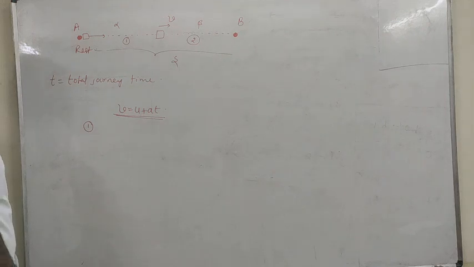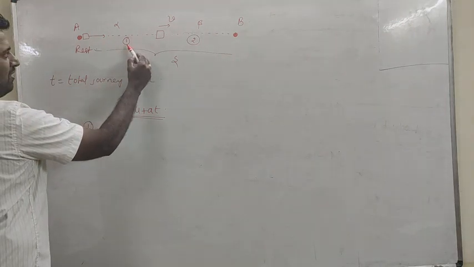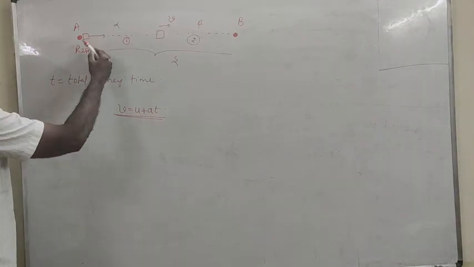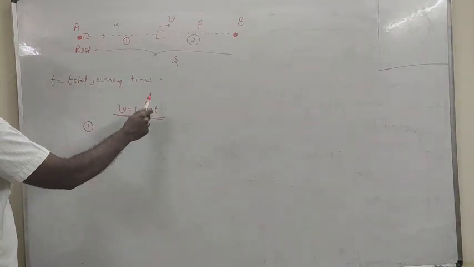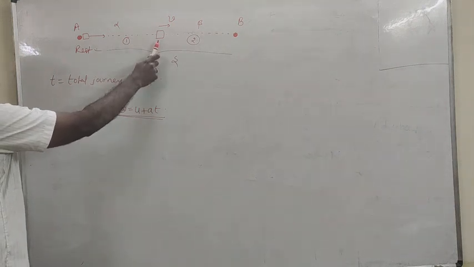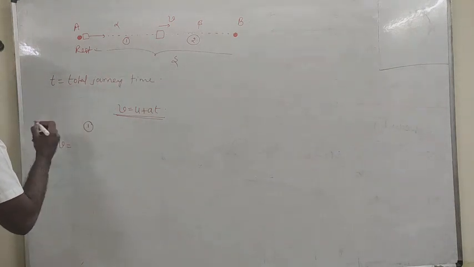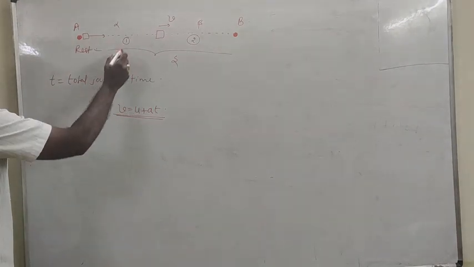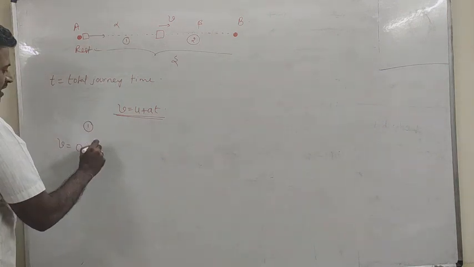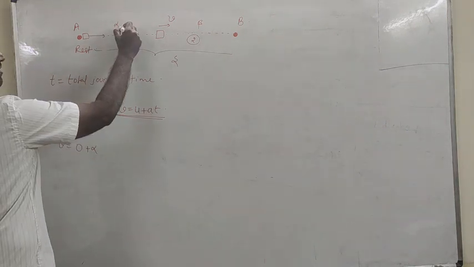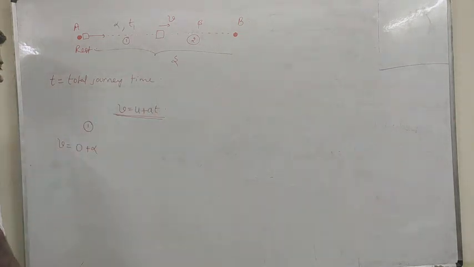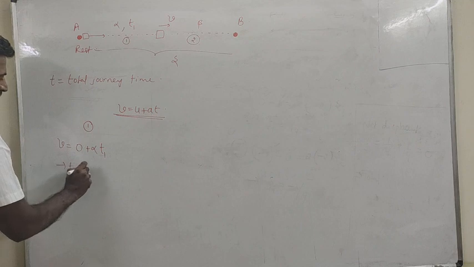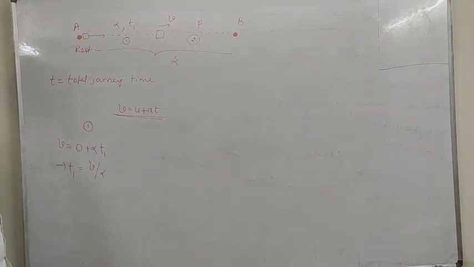For part 1 of the journey, final velocity will be V, initial velocity U will be 0 because it has started from rest, and acceleration will be alpha. Let us assume that time for the first part of the journey is t1. So V equals alpha t1, which implies t1 is equal to V divided by alpha.